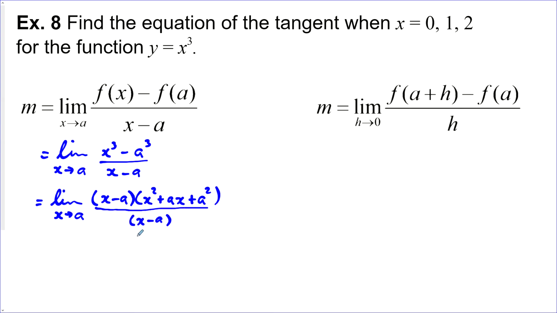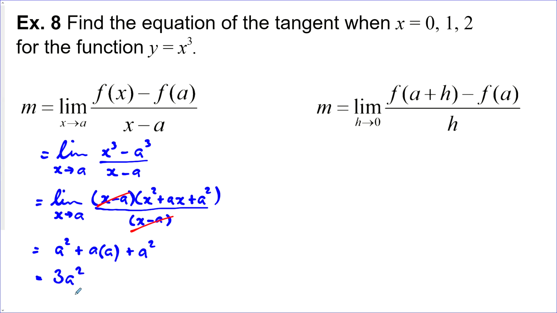Then you can see we can get rid of those two factors. And then we can let our x approach a. So everywhere we see an x, we're going to replace it with a. So we'd have a squared plus a times a again plus a squared. And you can see that this would be a squared plus a squared plus a squared, or 3a squared.